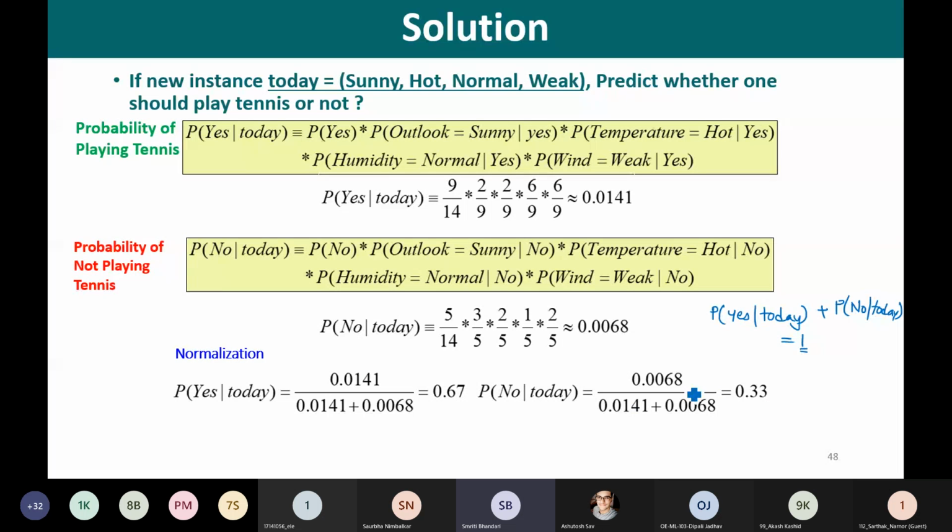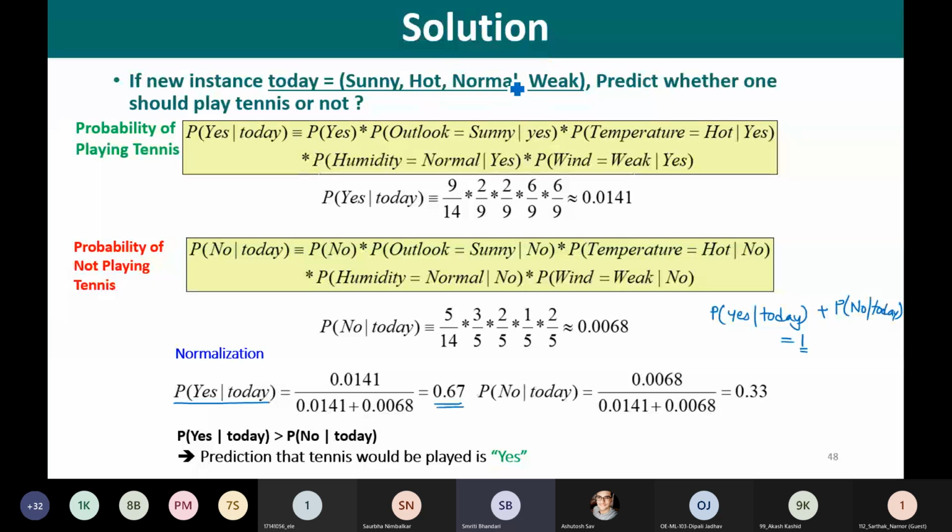So probability of yes given today is 67% and probability of no given today is 33%. Obviously probability of yes given today is maximum out of these two, and that is why we are predicting that tennis should be played today.